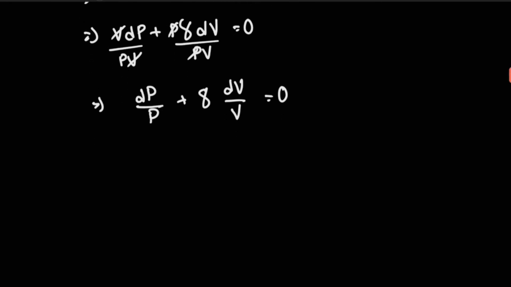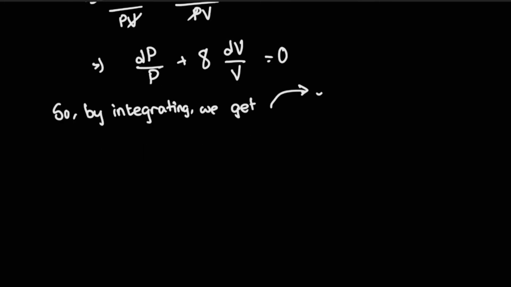Can we not integrate this part? Of course we can. So the natural logarithm of P plus gamma, since this is a constant, times the natural logarithm of V is a constant. Let us denote that by k.